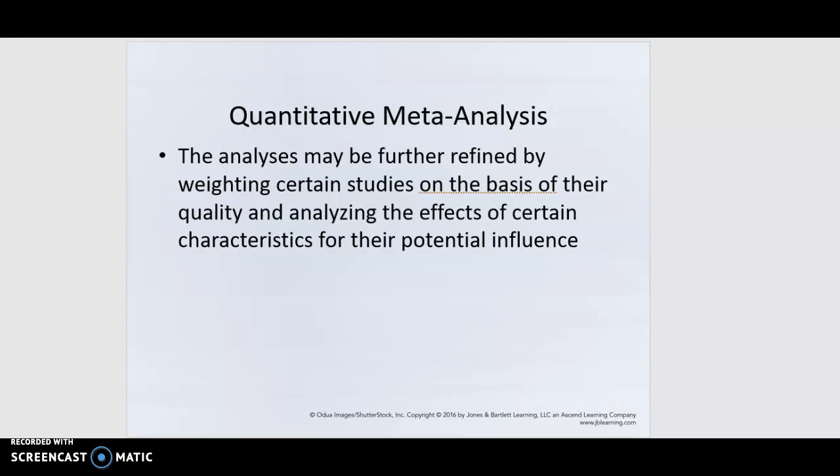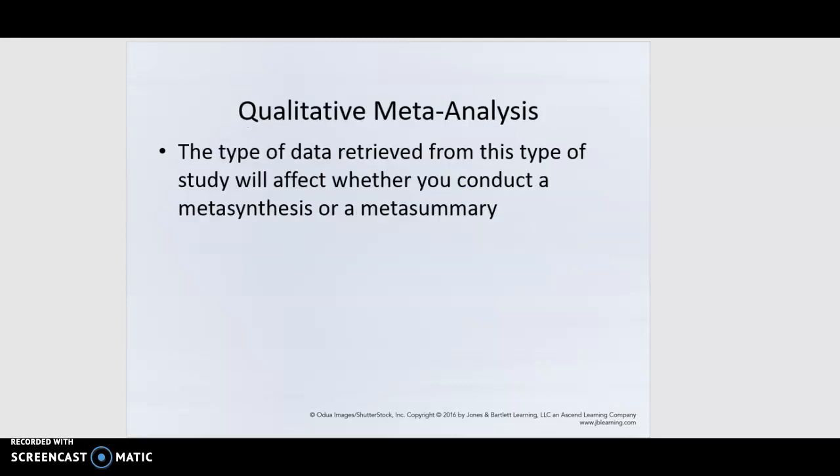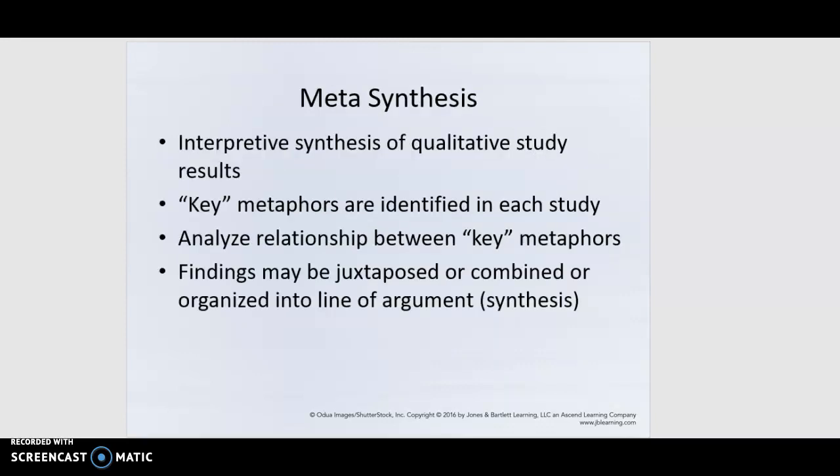So again, when you're looking at meta-analysis, there are multiple different facets to examine. Overall, you want to look at the types of studies and what's out there and whether a meta-analysis is appropriate.